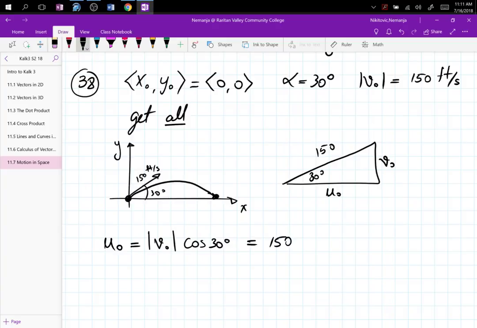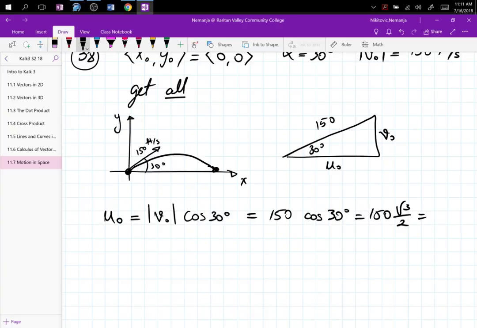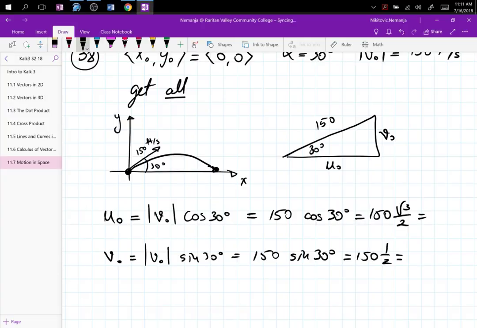So that's going to be 150 cosine 30 degrees, which is 150 root 3 over 2. And that's going to be some decimals. v0, which is our vector y component, is going to be the initial velocity times the sine of 30 degrees, which is 150 sine 30 degrees, which is 150 times 1/2, and that's 75.